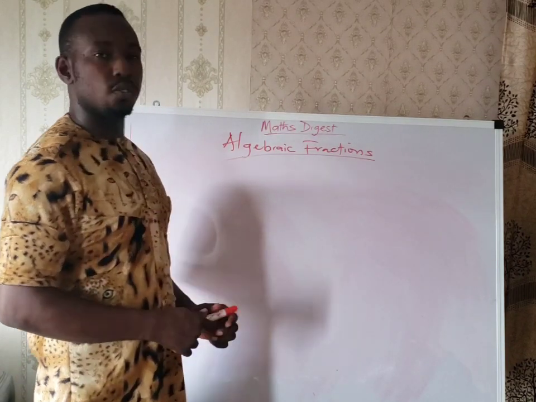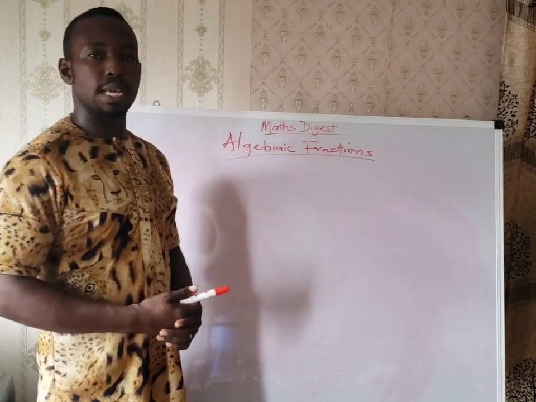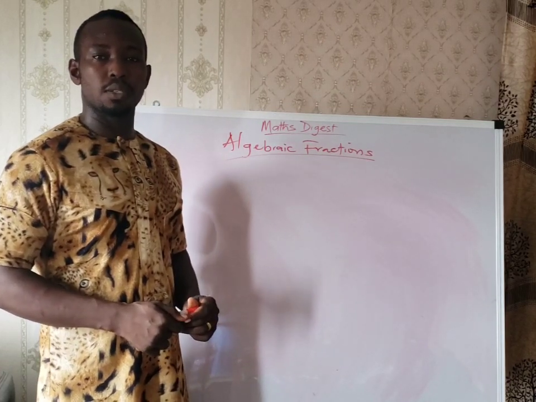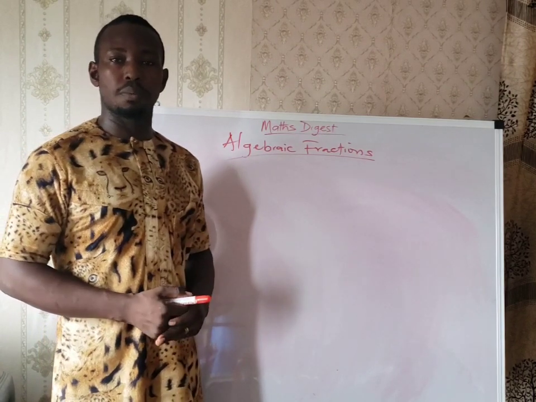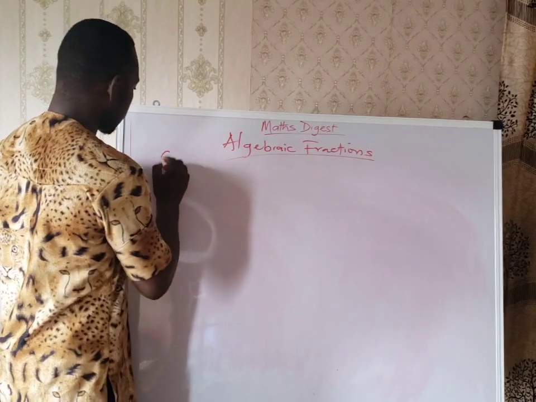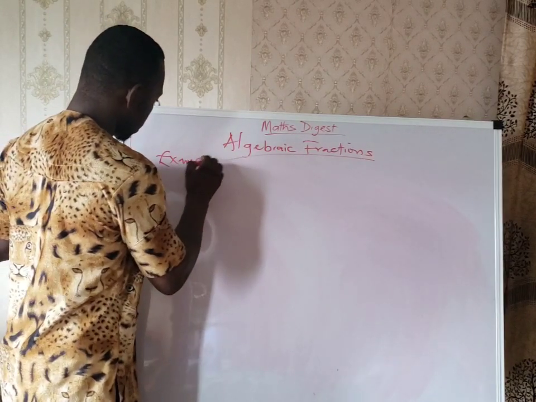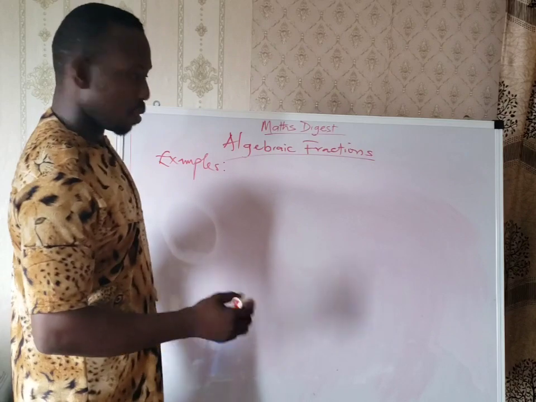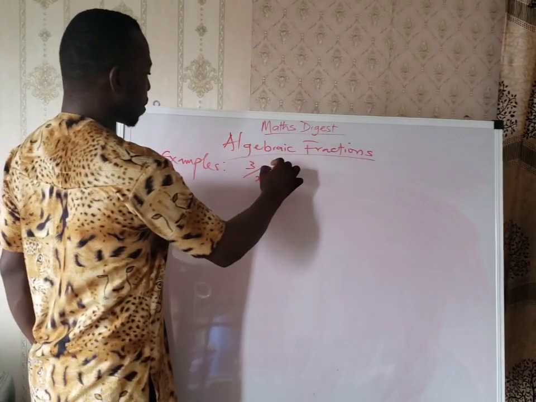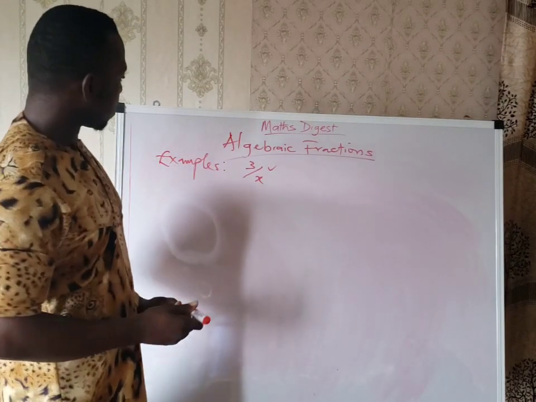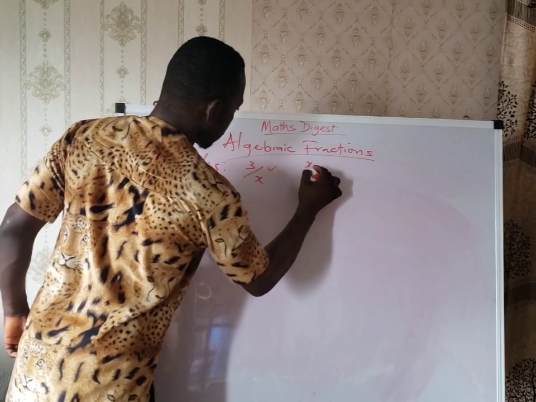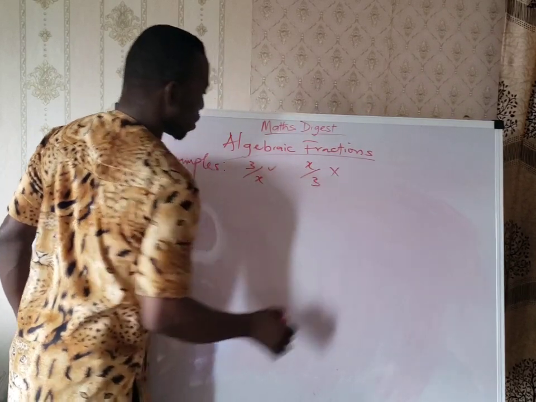Algebraic fractions are those fractions that have their denominator as an algebraic expression, and their numerator may or may not be an algebraic expression. We have an example like this. This is an example of an algebraic fraction, but this is not.